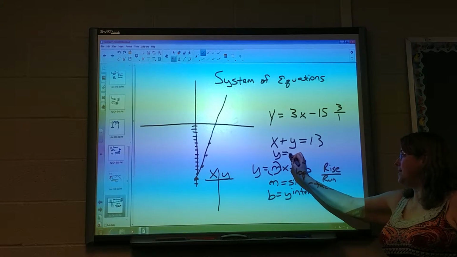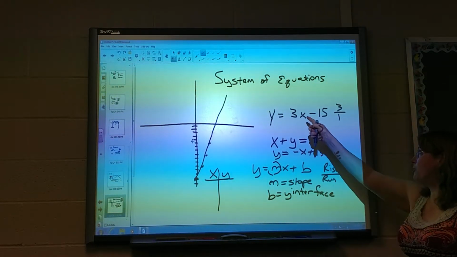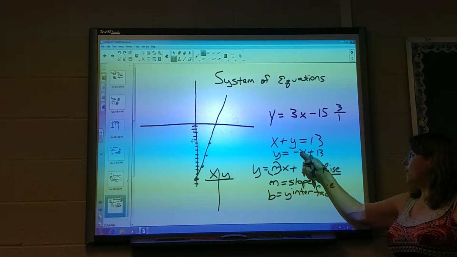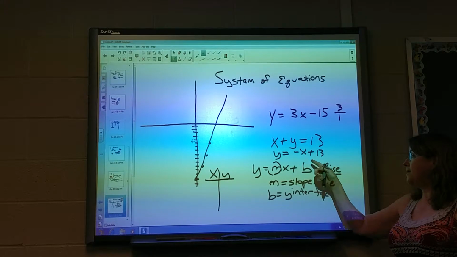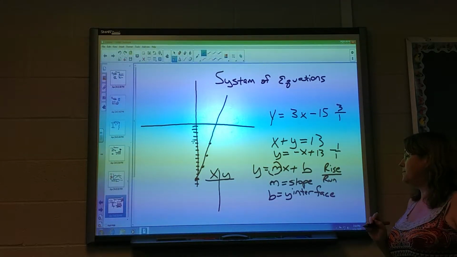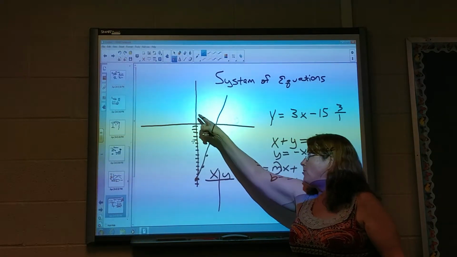So I get y equals minus x plus 13, because I want to put it in the same form as this one. I can now say this is really a minus 1, so I have a minus 1 slope, minus 1 over 1, which means I'm going downhill.